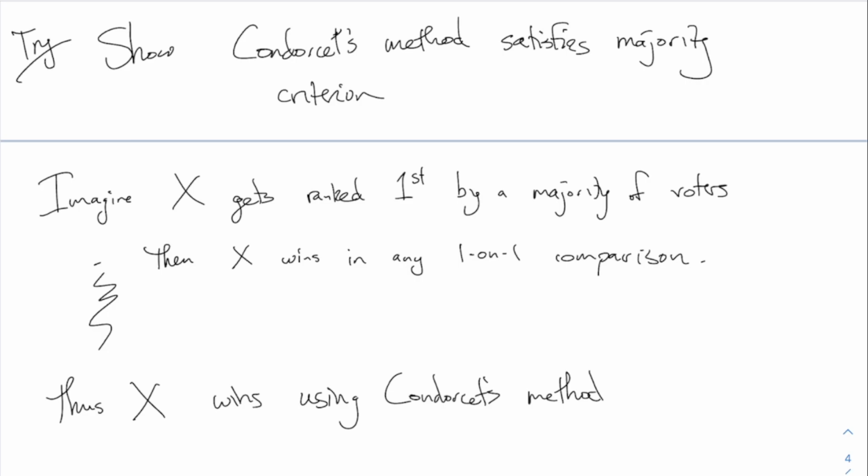And so X is going to win in any one-on-one comparison. That's all that you have to say, really. And then that means that X is the winner overall using Condorcet's method. So the Condorcet method does satisfy the majority criterion.